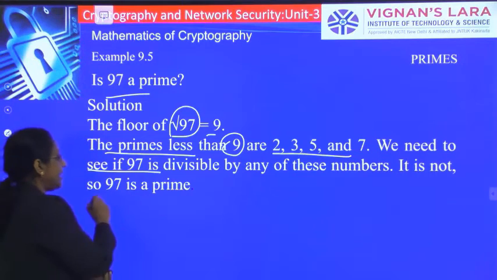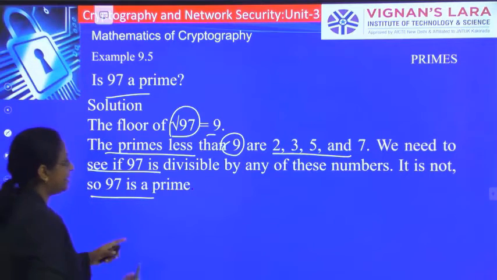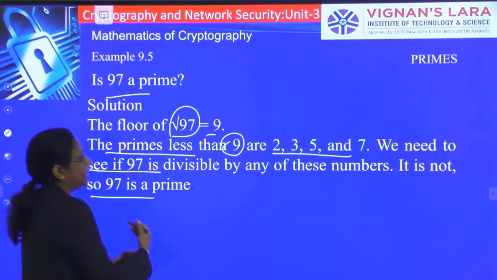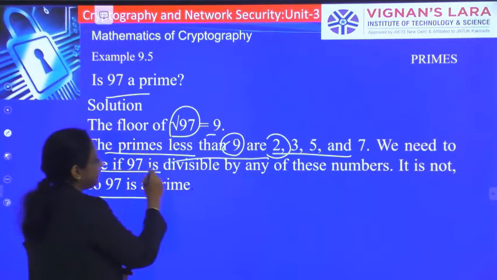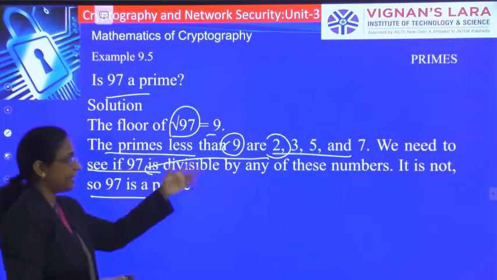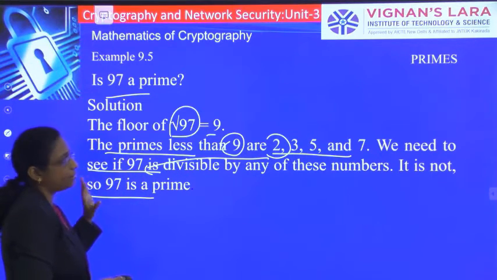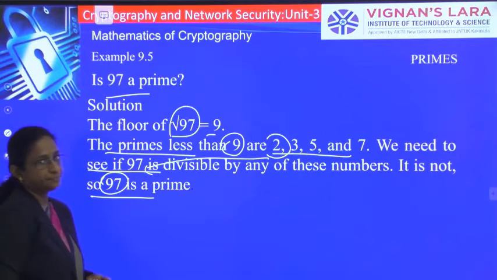If it is not, then we say 97 is a prime. Here 2 does not divide 97, 3 does not, and 5 and 7 do not either. So we can say that 97 is a prime.